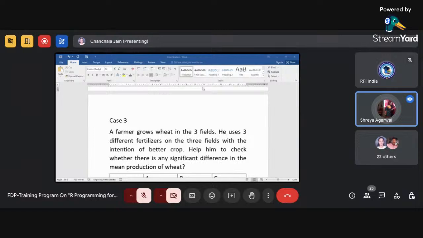The categories are more than 2. Which test? One-way ANOVA, I think. Tanya says ANOVA. Shreya ma'am is also saying ANOVA. Chandrasekharan sir is also saying ANOVA. So 3 opinions for ANOVA. Any other opinion?